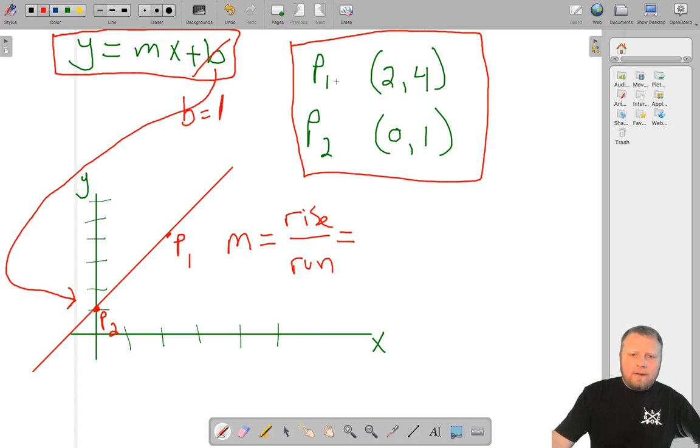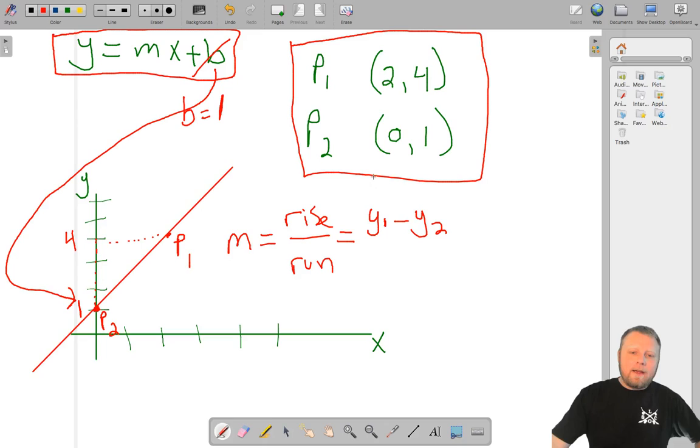So P1 is right here, which corresponds to here. If I go over and I go down to P2 there, that P2 y value is 1, and this one is 2, 3, 4, right? So we have a 4 here, and we have a 1 here. So what's the distance between these two? That'd be 4 minus 1, which is 3. But let's write it out. In this case, the y value 1 minus the y value 2.